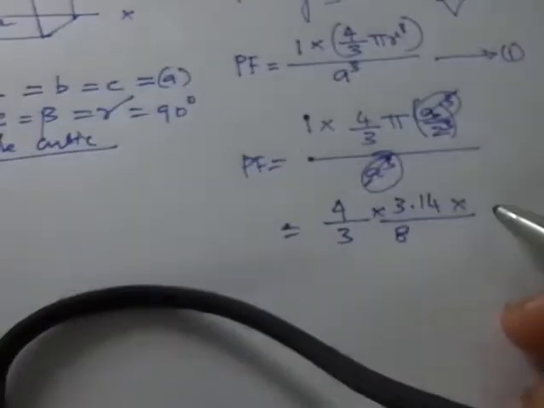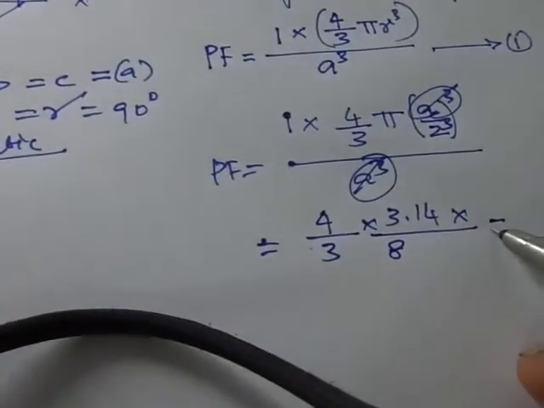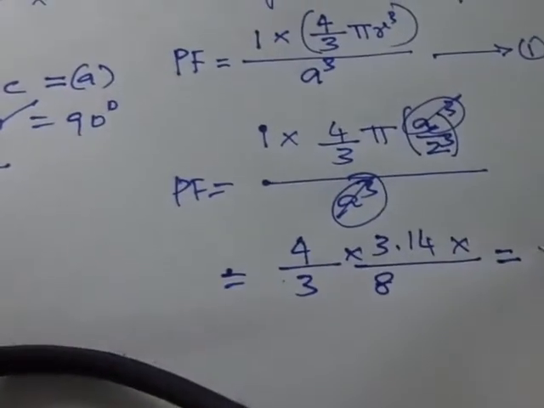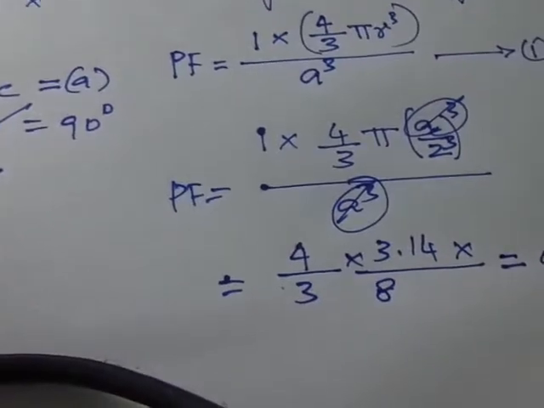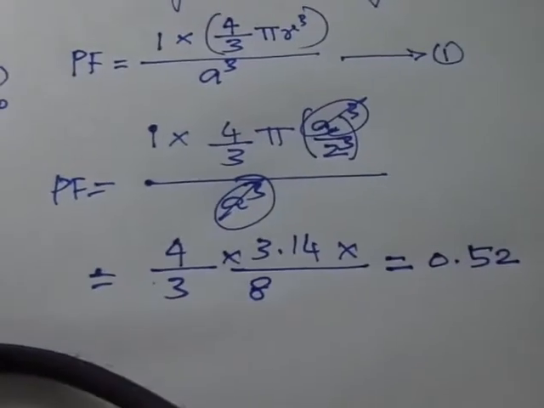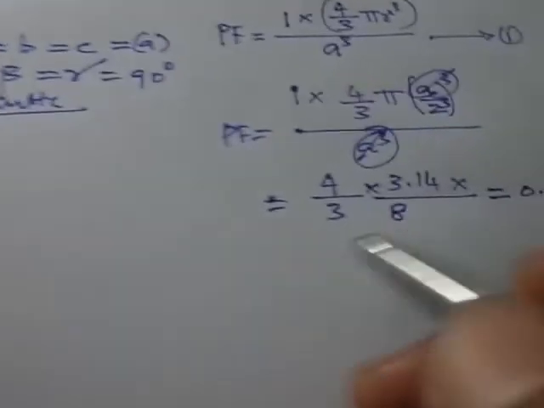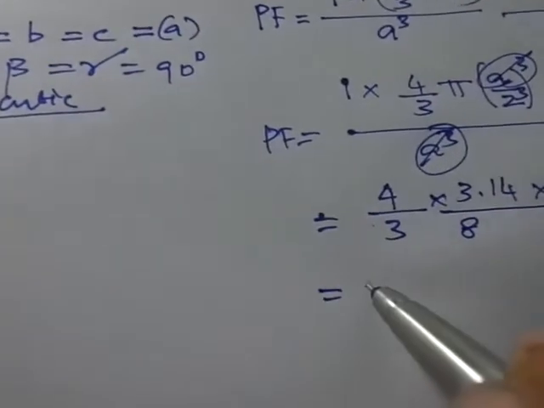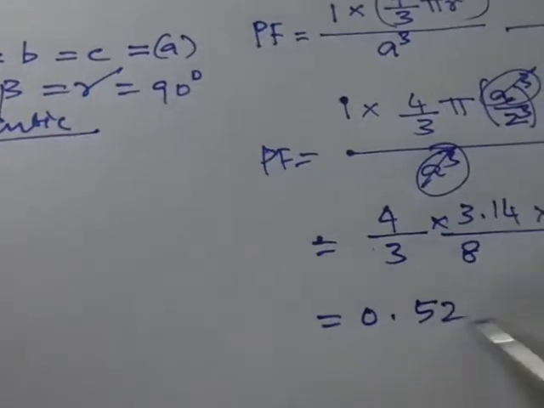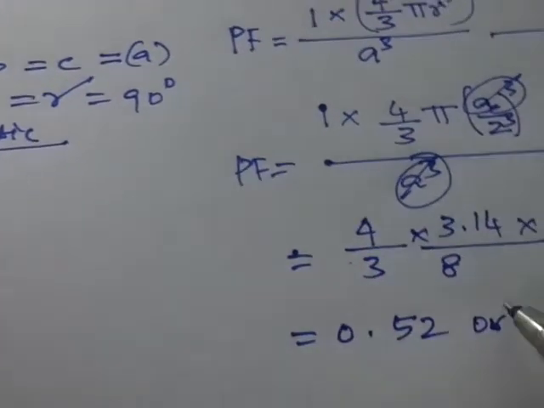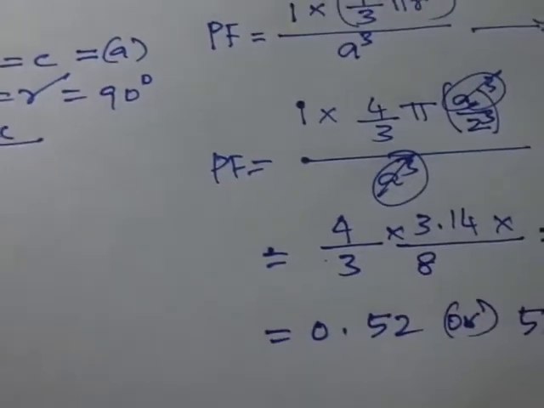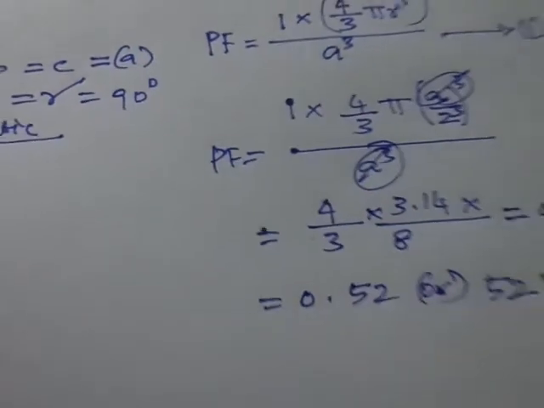So that makes it 0.52. Let's see it as 0.52, or it is 52%. 0.52 or 52% is the packing factor for simple cubic.